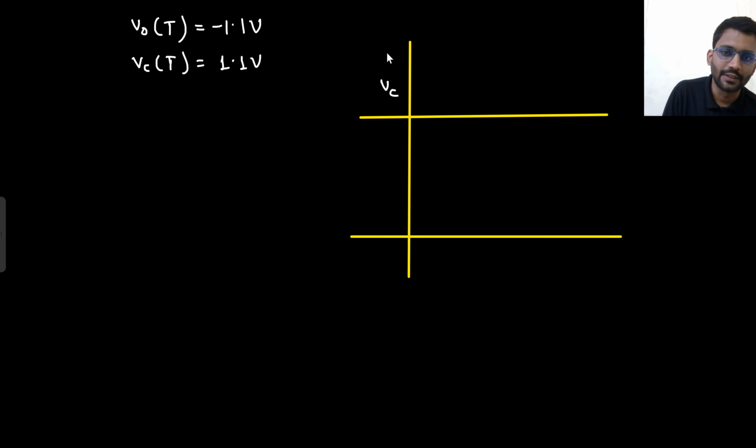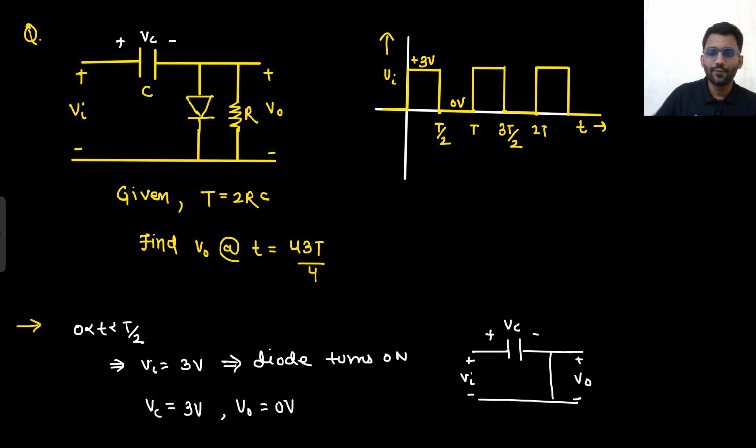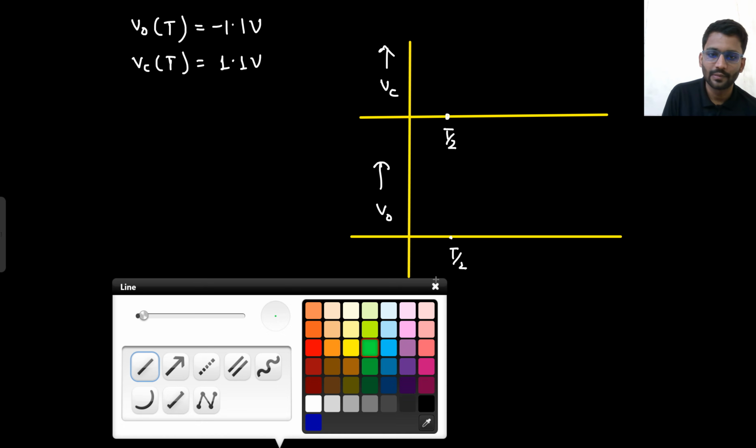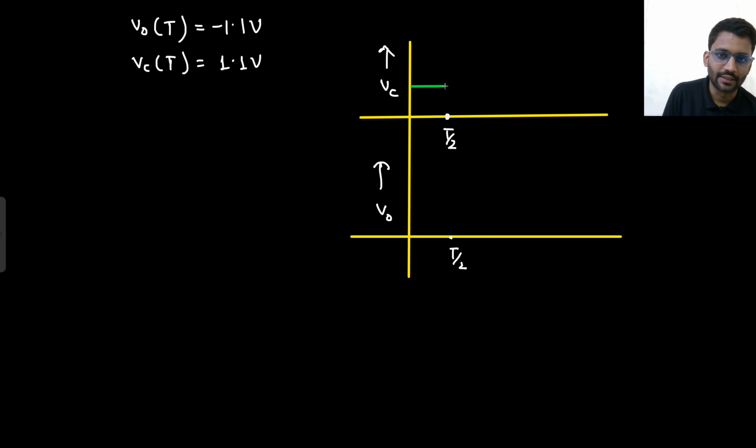This is the VC waveform I am making, and this is the V0 waveform I am making. So initially for 0 to t by 2, what was happening? VC was 3 volt and V0 was 0 volt. This is t by 2. It was at 3 volt only, and this was at 0.